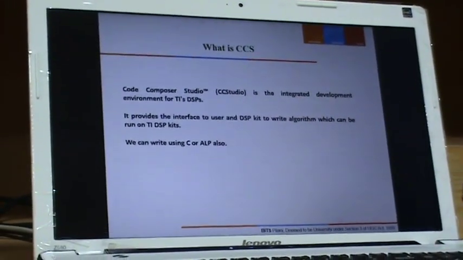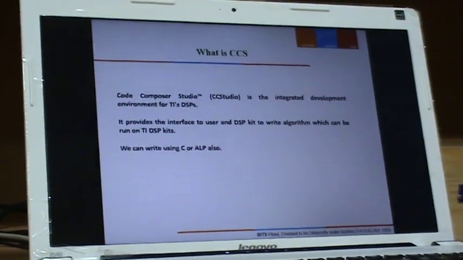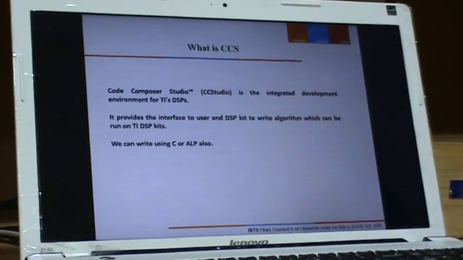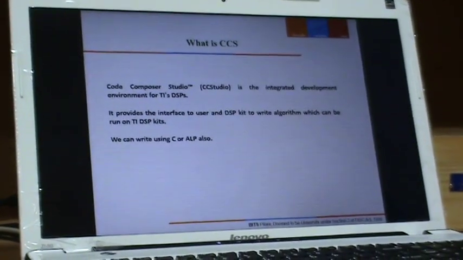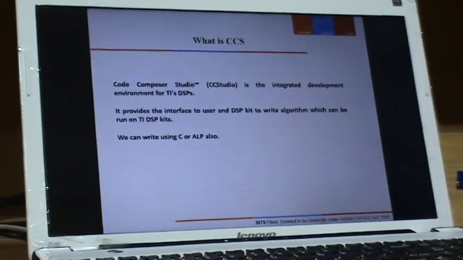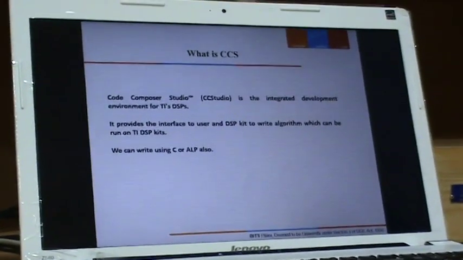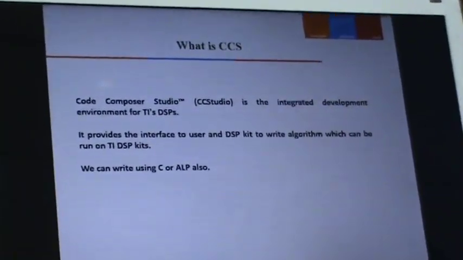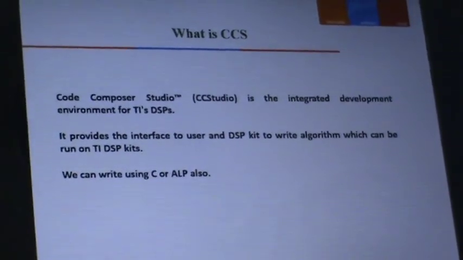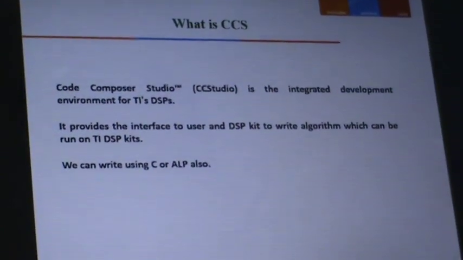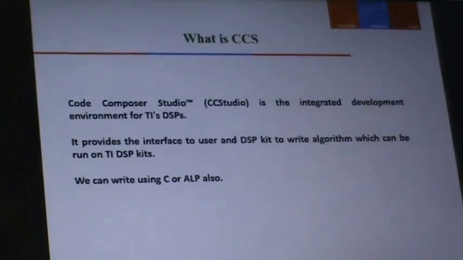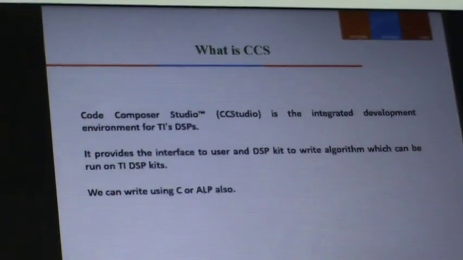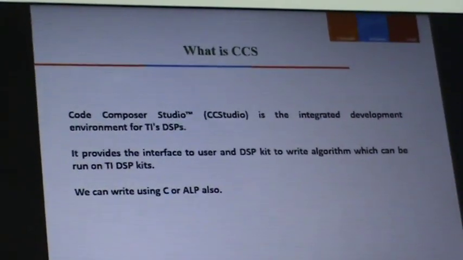Writing a program in assembly language is advantageous from one point of view, because code written in ALP will be small, optimum, and runs faster. But the disadvantage is that writing ALP code is difficult, because we have to understand each and every instruction, which is a difficult task. So take care of that.